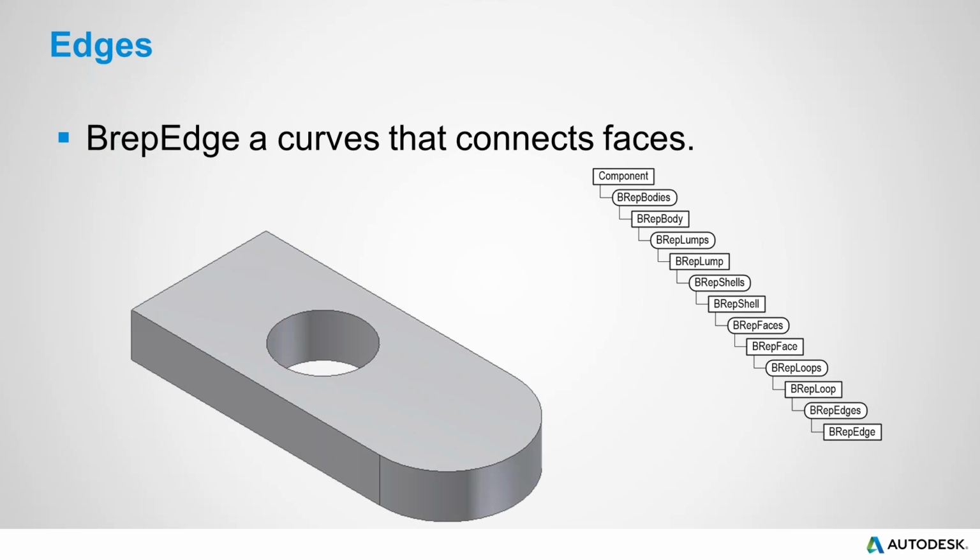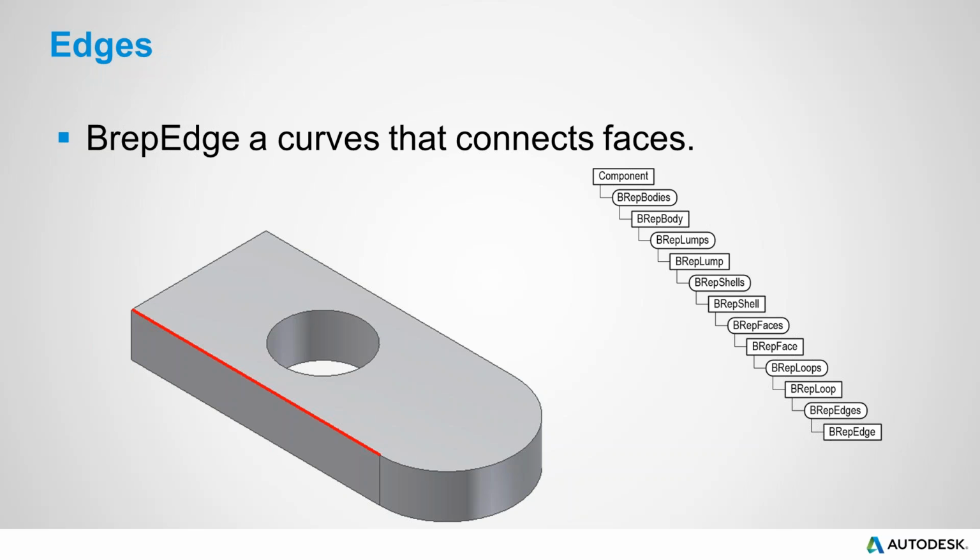The next thing we have is an edge. Here's this edge highlighted here. That represents the connection between faces. A loop is made up of multiple edges, so that's what a loop gives you, that set of edges that define the boundary of a face. Each edge defines the connection between two faces, and an edge isn't unique to a face.